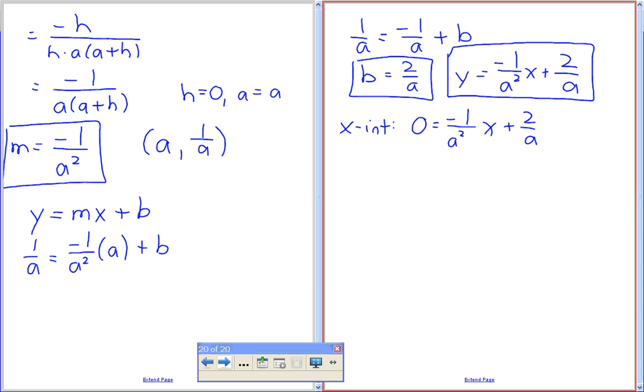And that turns into negative 2 over a equals negative 1 over a squared x. And then 2a equals x.